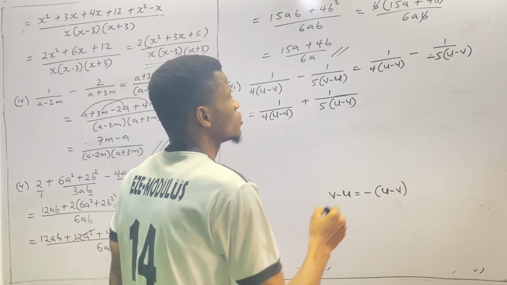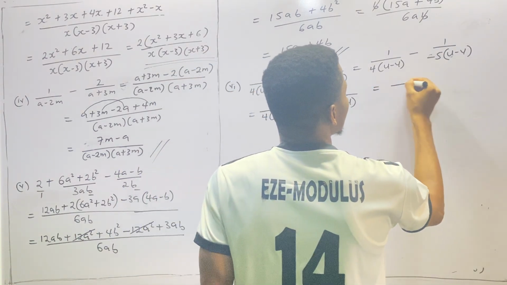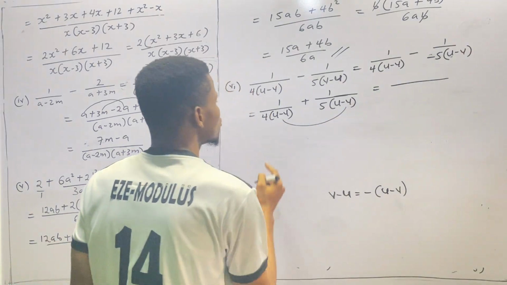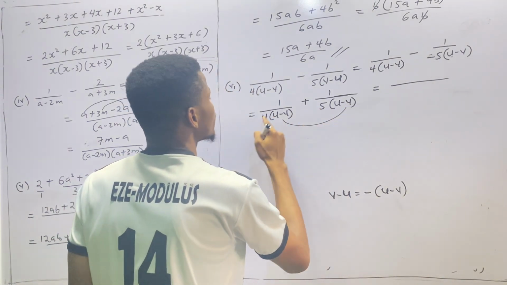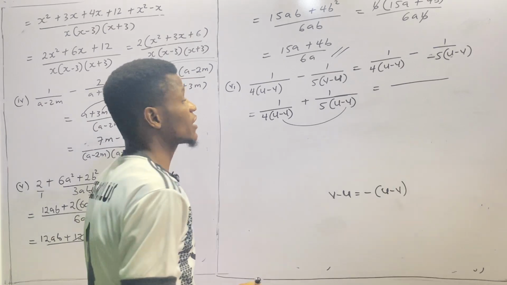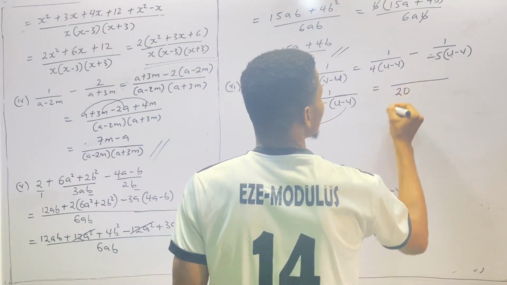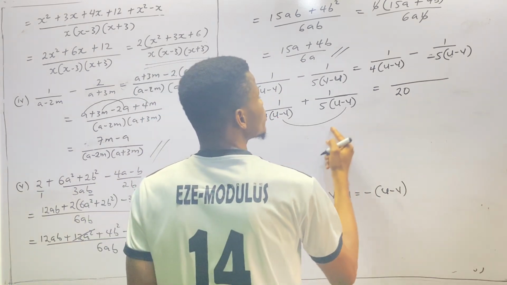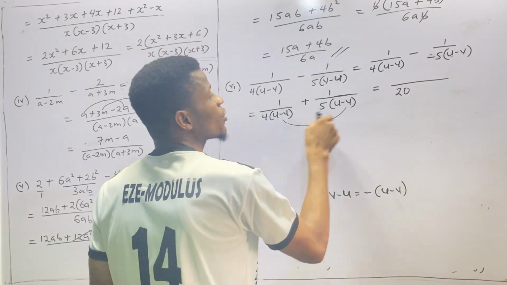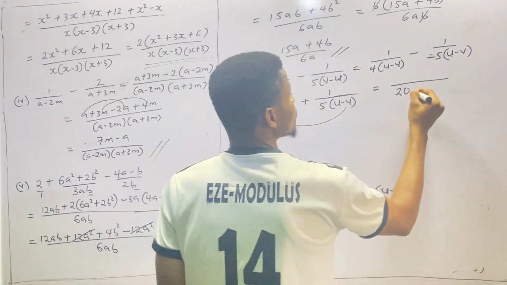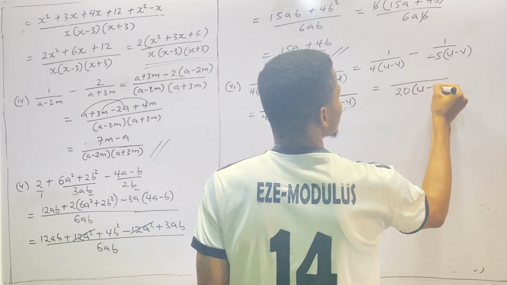So of course, we look for the LCM now. We have already common u minus v, so we look for the LCM of 4 and 5. 4 and 5 have no common factor, so the LCM is the product of the two. 4 times 5 is 20. Because these two things are the same, the LCM will be one of them, so we pick u minus v.